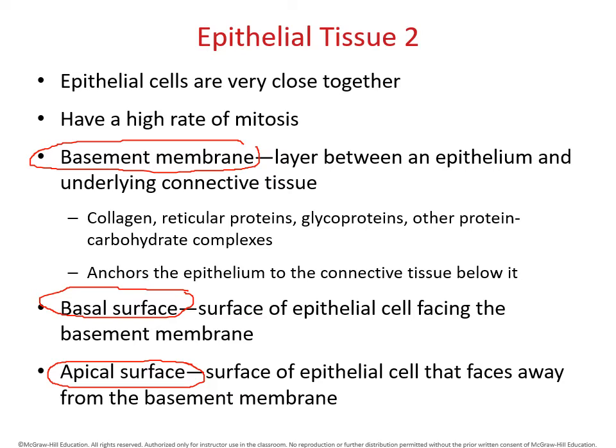And this is where you have your basal surface, which is the surface of the epithelium cells facing the basement membrane. The other end of the epithelium tissue will often be exposed to the environment or to an open surface. That end is called the apical surface. Don't worry, in a little bit I'll show you some illustrations and clearly highlight the basement membrane, the basal surface, and the apical surface.